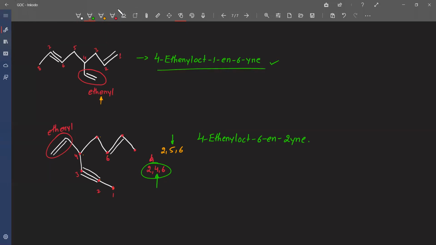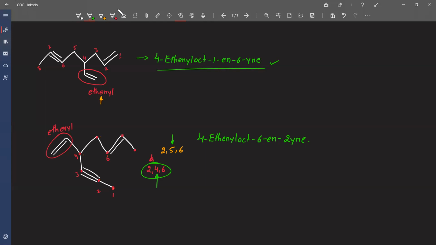Now, based on this, I'm going to give you around 49 more structures. Those structures won't include any functional group, right? And then I'll also send you a few questions based on functional groups.